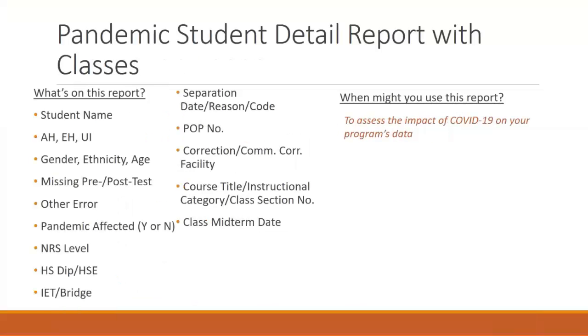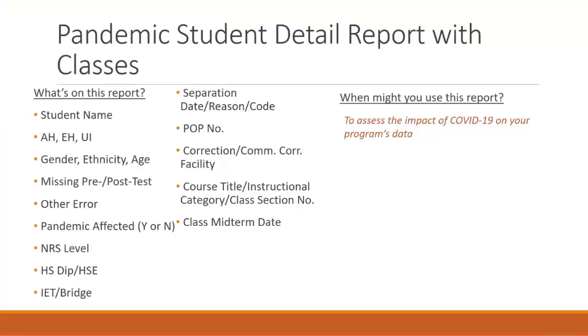And then finally, we have the Pandemic Student Detail Report. So this is a report that is specific to providers that have a whitelist in DAISI. And we create a whitelist when providers have an approved temporary testing waiver that you can apply for over the ICCB Adult Ed website, or if there is a statewide or region-wide restriction that affects in-person education.